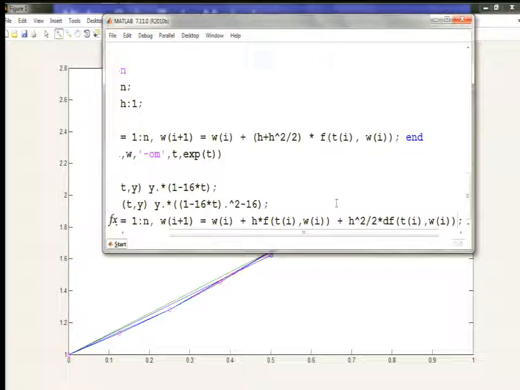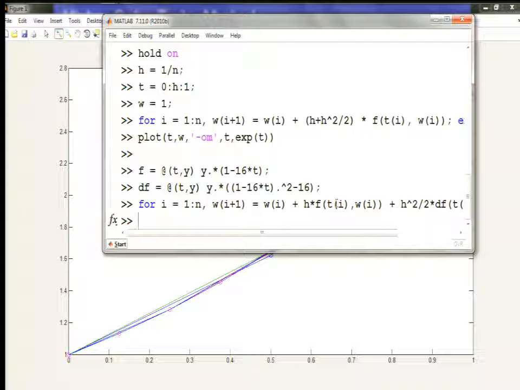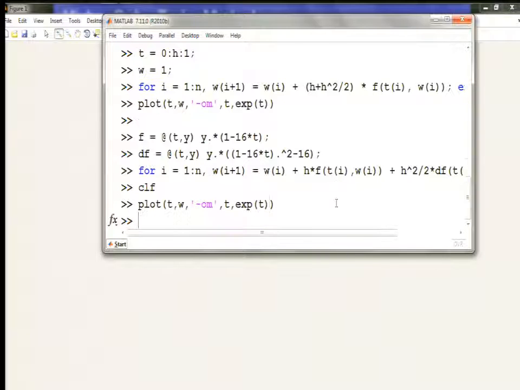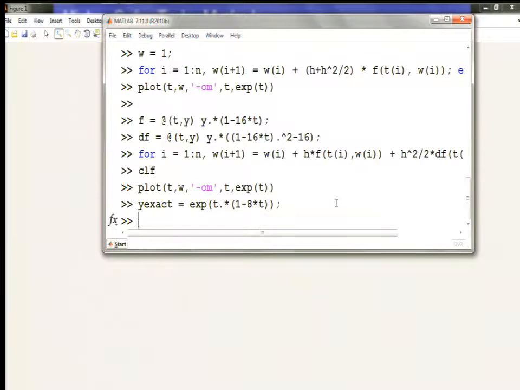The method is trivial to define. Most of the work is just finding that expression. And if I didn't mess it up, we have now solved, and I need a true solution, right? Y exact. What was that? e to the t times 1 minus 8t. There we go.